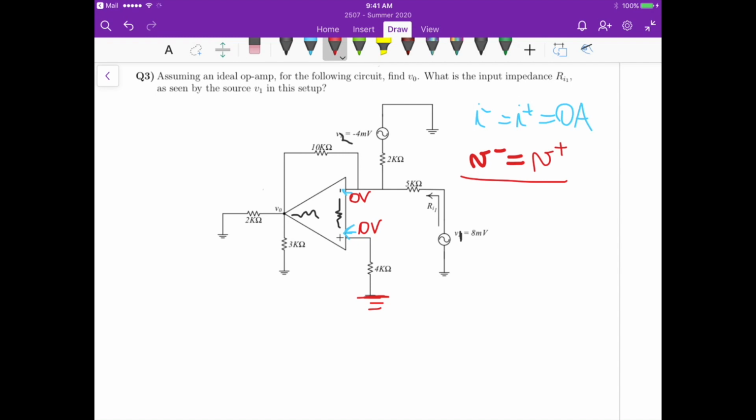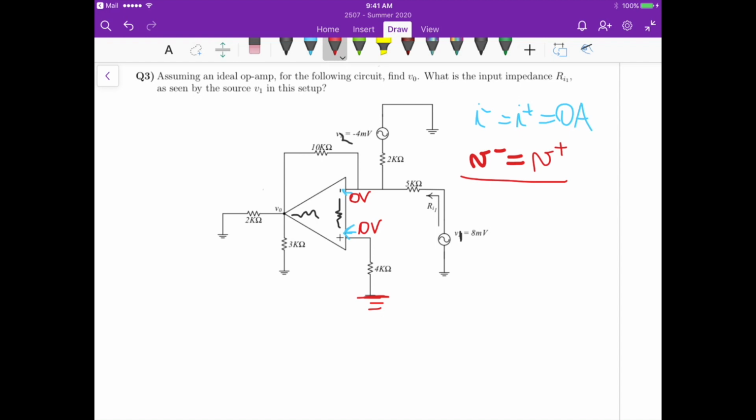Using superposition, we could treat this as an inverting amplifier for the first input, and then add the second input.